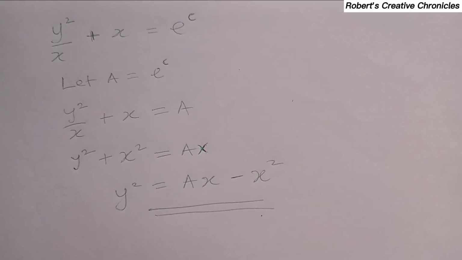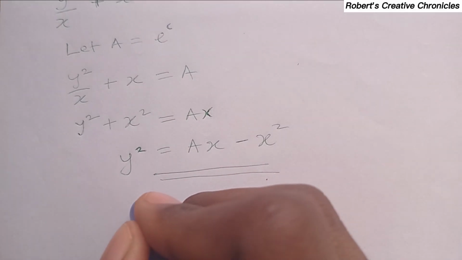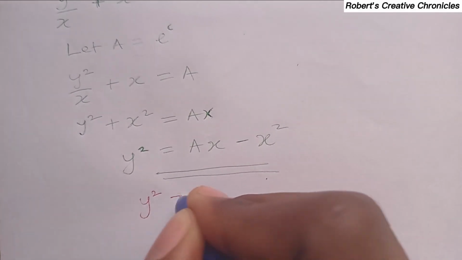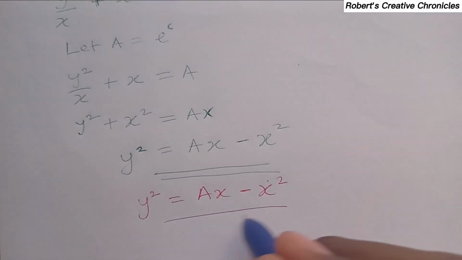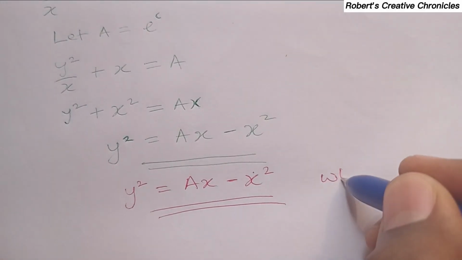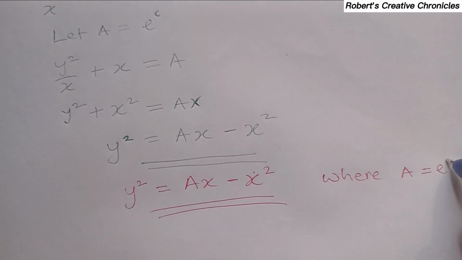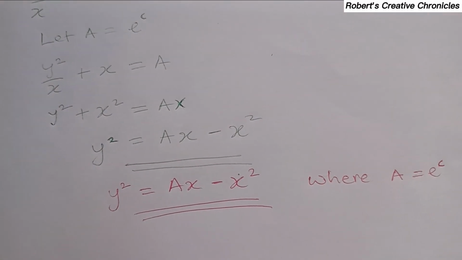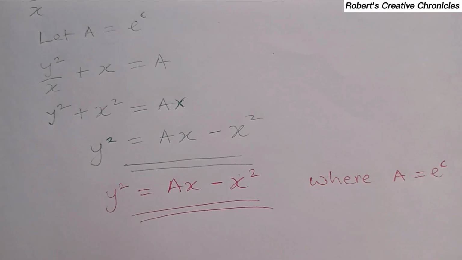Let me write again: y squared is equal to ax minus x squared, a is equal to exponential c. So this is the final answer. We have successfully solved the homogeneous differential equation.